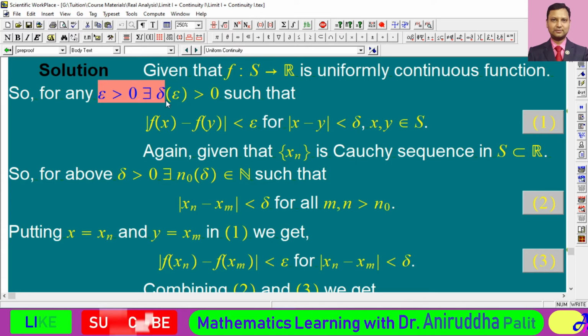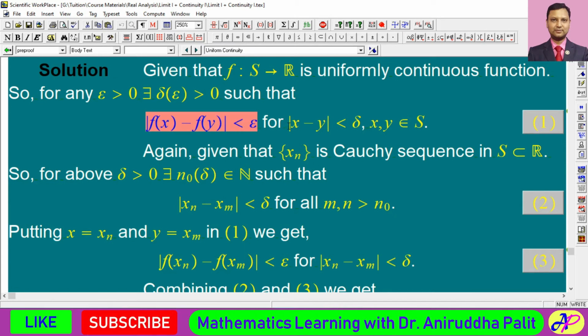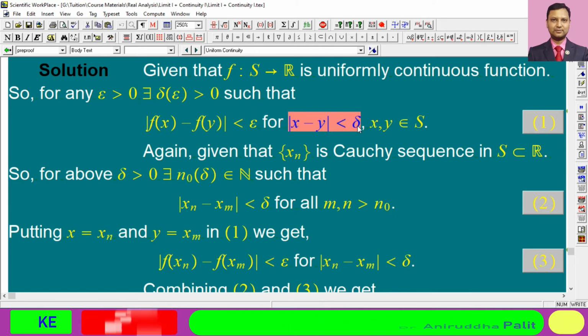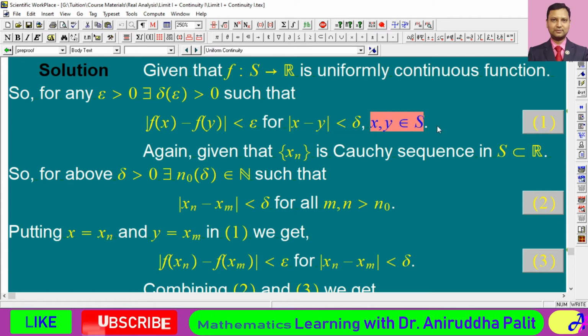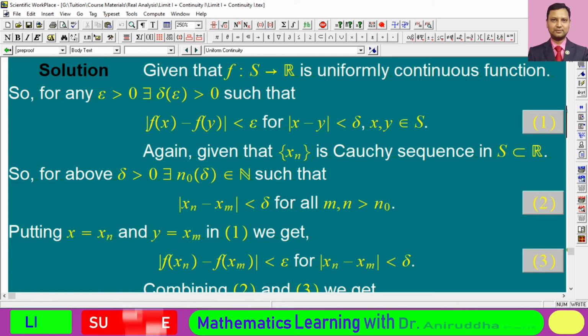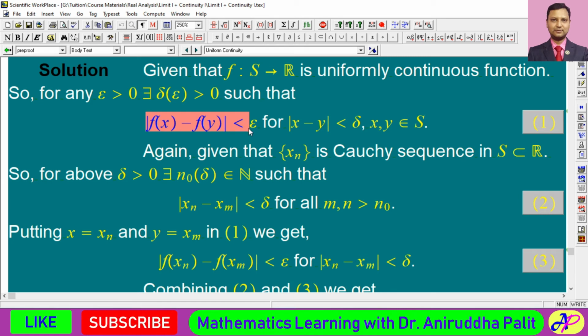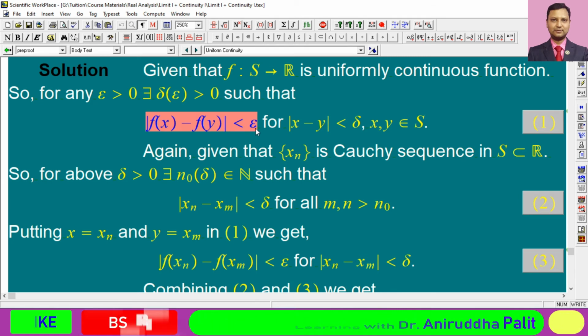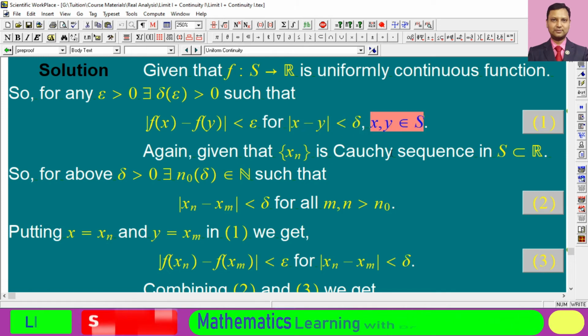There exists a delta greater than 0 such that modulus of f(x) minus f(y) is less than epsilon for modulus of x minus y less than delta, and x, y belong to the set capital S. So we can say that modulus of f(x) minus f(y) is less than epsilon for modulus of x minus y less than delta and x, y belonging to the set capital S.